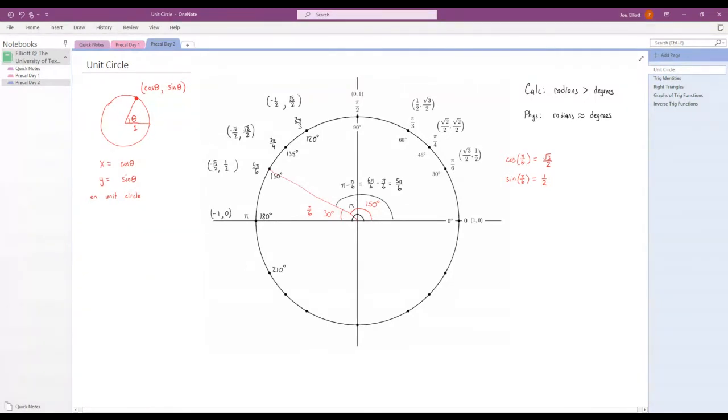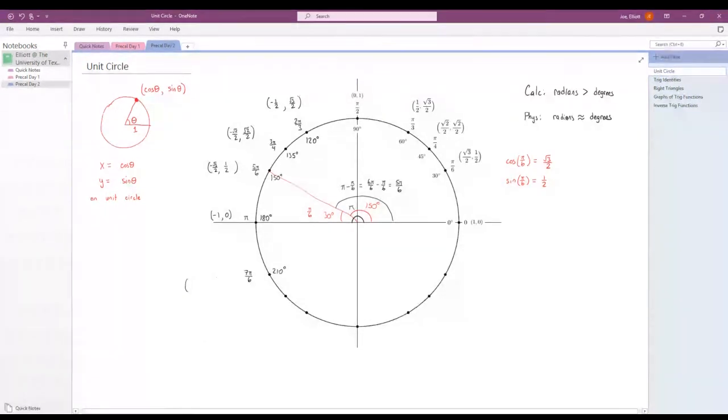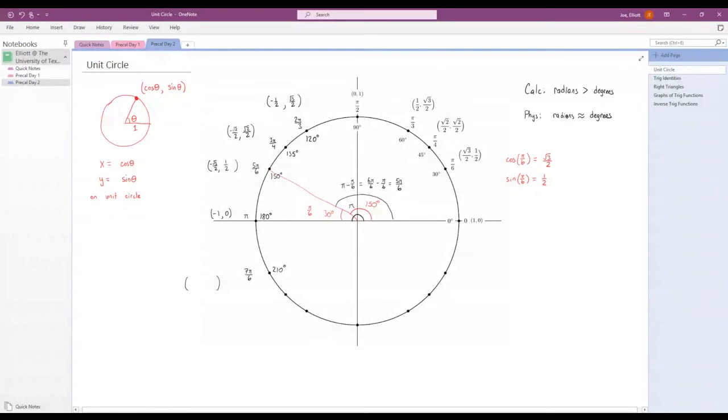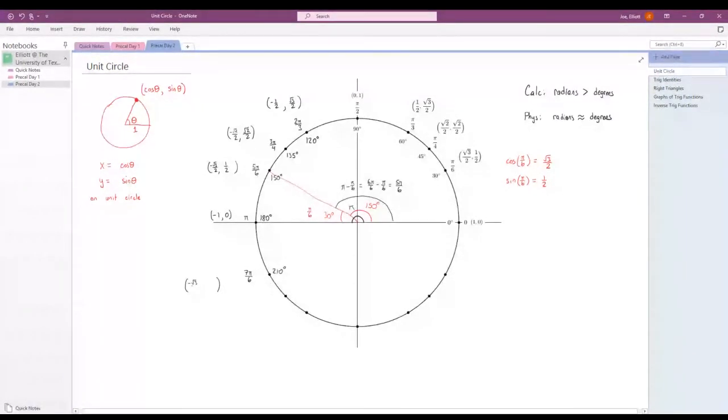So pi plus pi over 6 gives you 7 pi over 6, okay? And then you can get the coordinates again by using symmetry. So it should be the same as this point, except now the y becomes negative since it's in the bottom half.